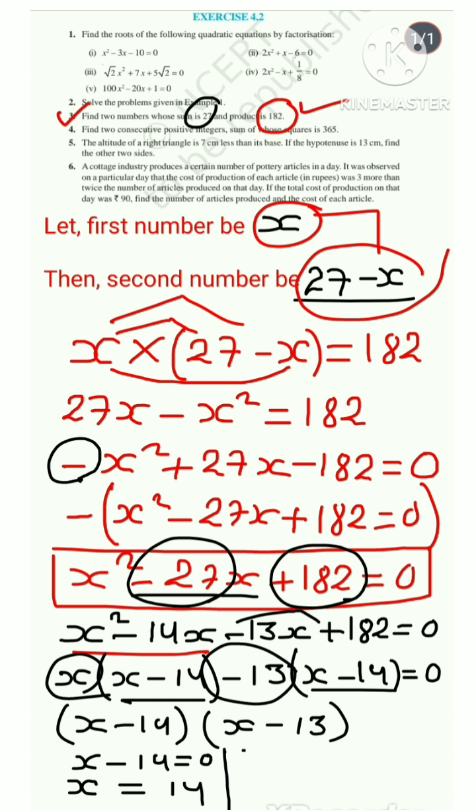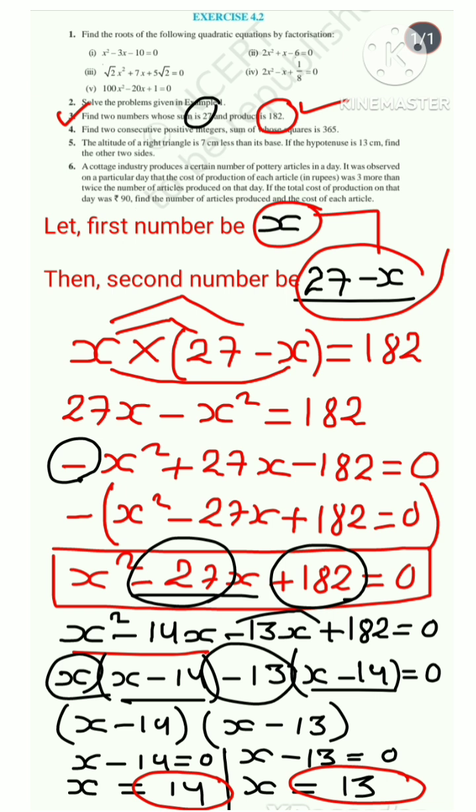Similarly, x minus 13 make it equal to 0, then we obtain another value of x, that is 13. In this way, we have obtained the first number is 14 and the second number is 13. This is our final answer.